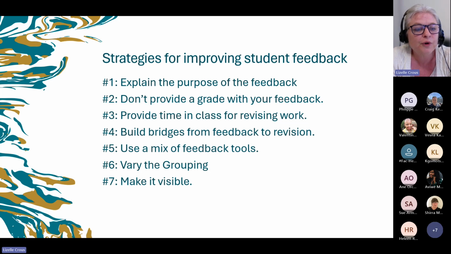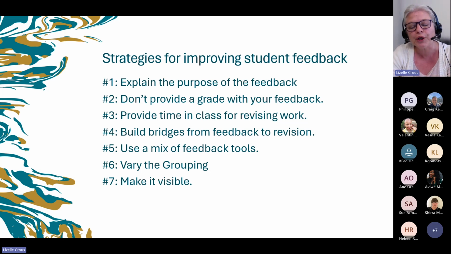The fourth one, build bridges from feedback to revision. So this basically means we need to get the students to understand that they need to use the feedback to be able to revise their work. So ask them specific questions. What are you going to do with this feedback?